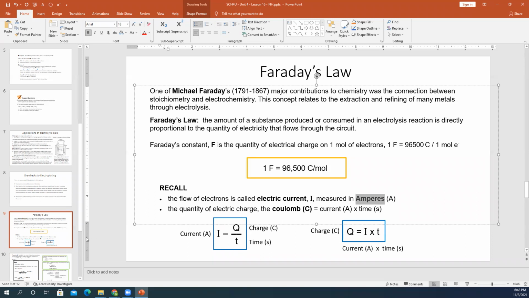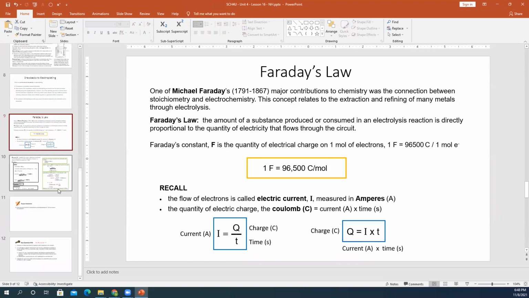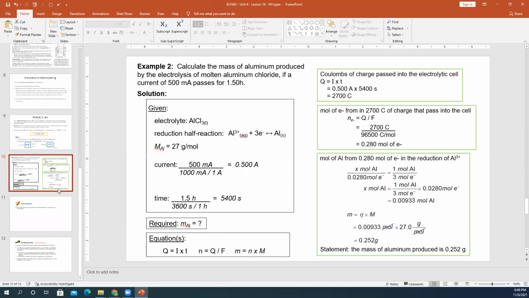So this is Faraday's law. How can we apply Faraday's law to solving some chemistry problems? For example, you might be asked to calculate the mass of aluminum produced by electrolysis of molten aluminum chloride if a current of 500 milliamps passes for 1.5 hours.